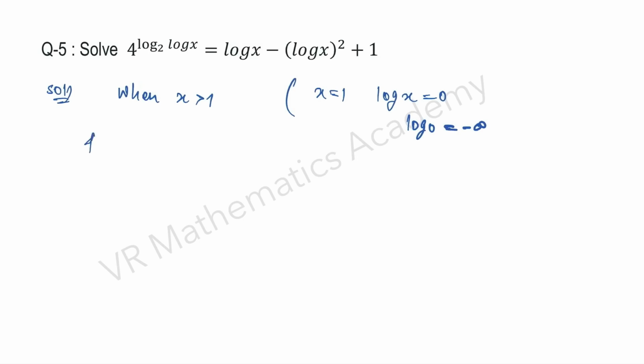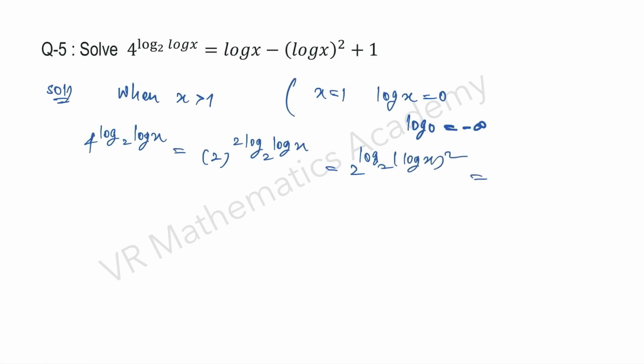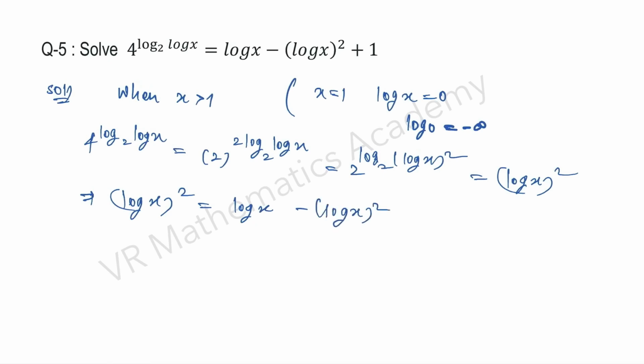Now we know that 4 raised to the power log base 2 of log x can be written as 2 raised to the power 2 log base 2 of log x, which further can be written as 2 raised to the power log base 2 of log x whole square. So this particular term can be written in the form of log x whole square. This implies that log x whole square will be equal to log x minus log of x whole square plus 1.